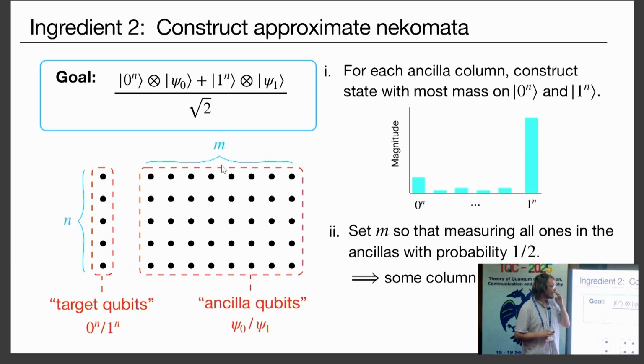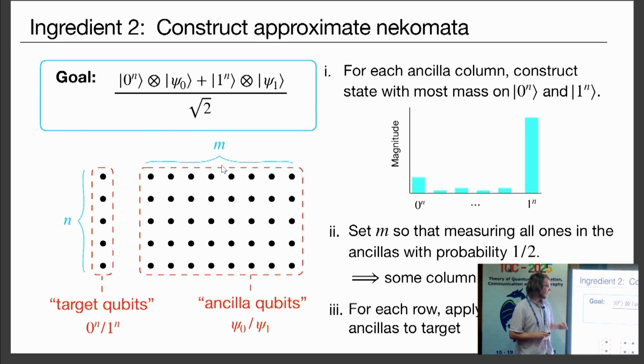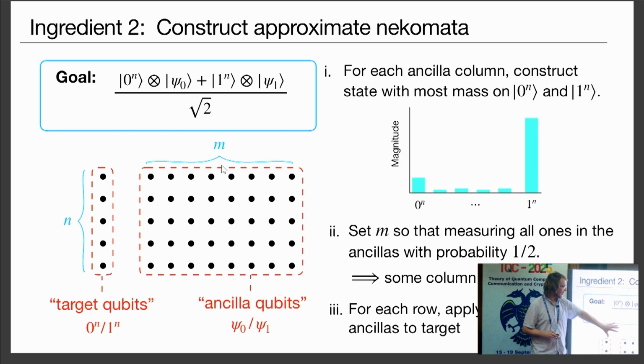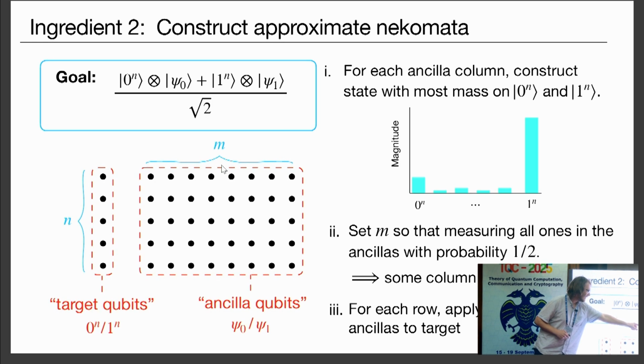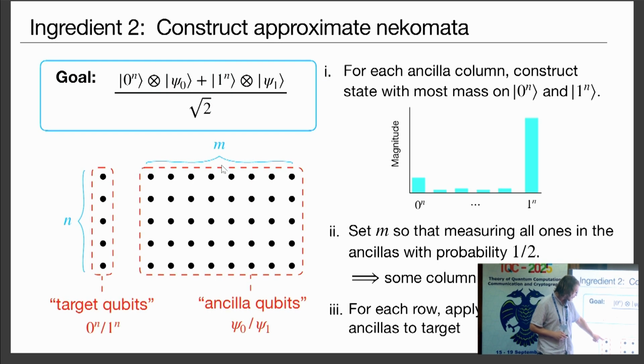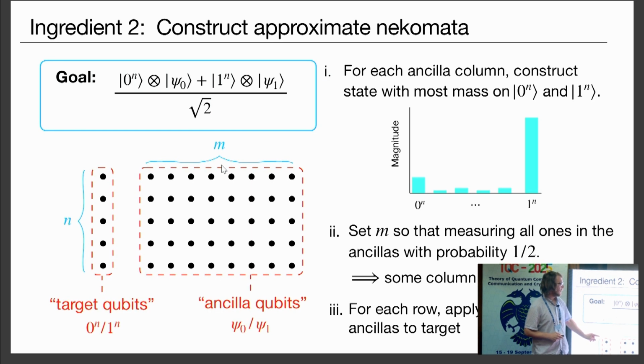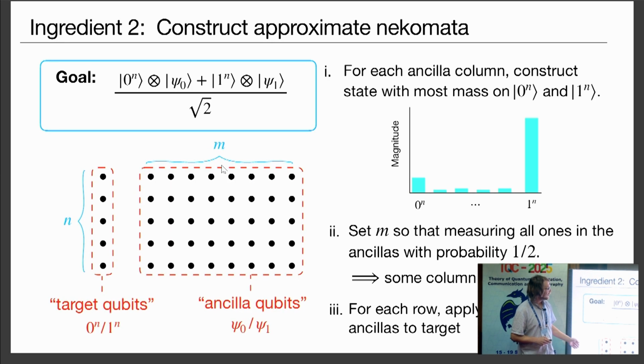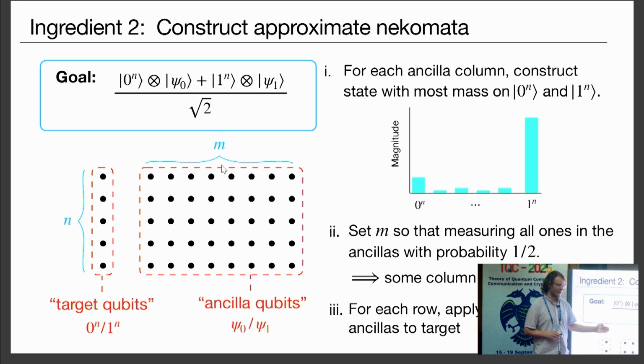What this means is that if one of them doesn't result in a measurement that's all 1, well, the next most likely thing is for it to be all zeros. This is a desirable thing for this block to have, because if all of these are all 1, and then we apply an AND gate with the output being XORed into this target column, then each of these target qubits will be 1 if all of these measured all ones.